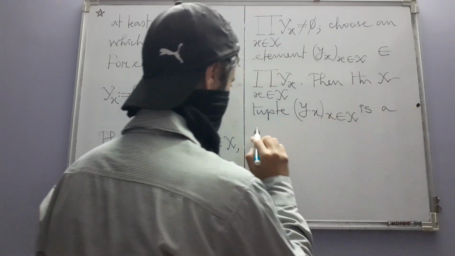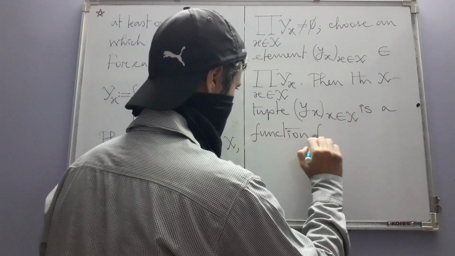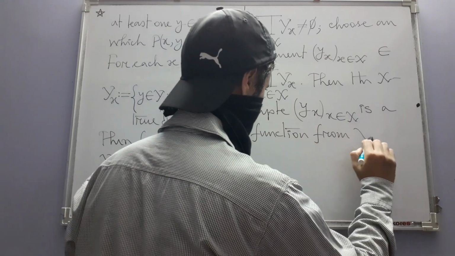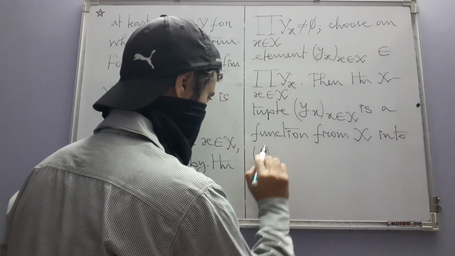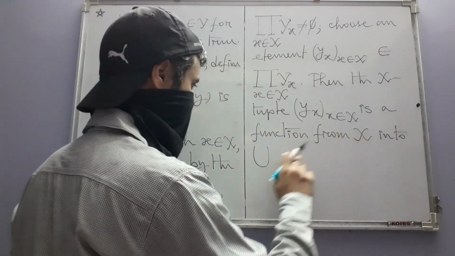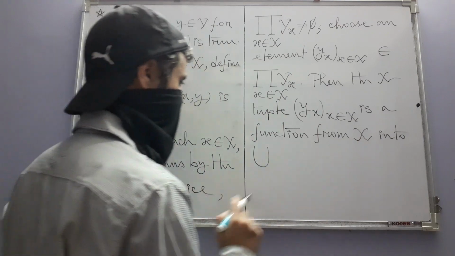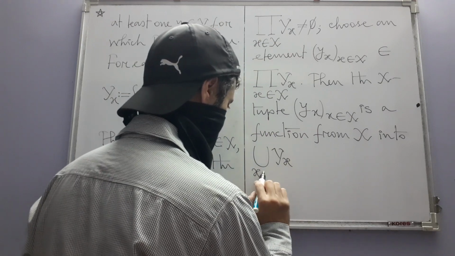Is a function from X into the union. Actually, there is no need to mention that it's a function from X into this set, but why not? Why keep things incomplete?